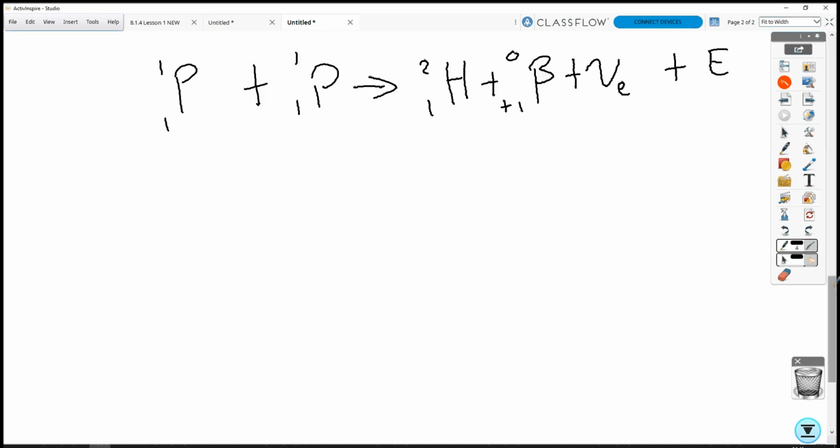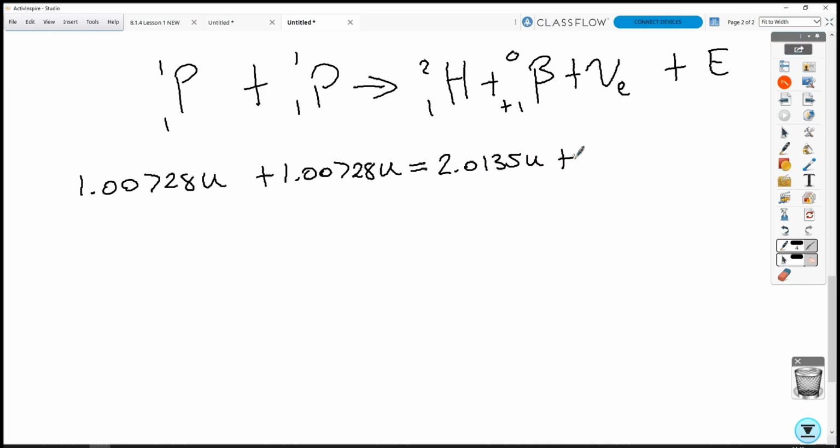So we start with the proton. So the proton is 1.00728 U plus another proton, which is 1.00728 U. And that's equal to, for deuterium, 2.0135 U. Then we've got our beta particle, which is 0.00055 U, plus our neutrino.